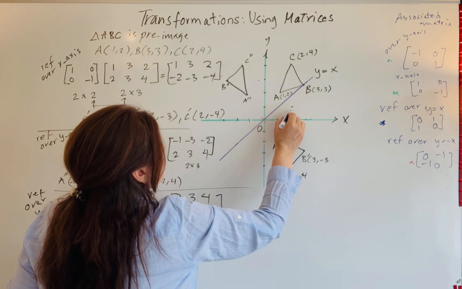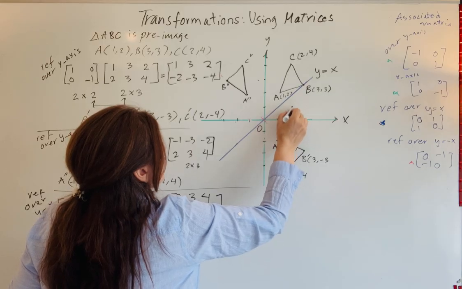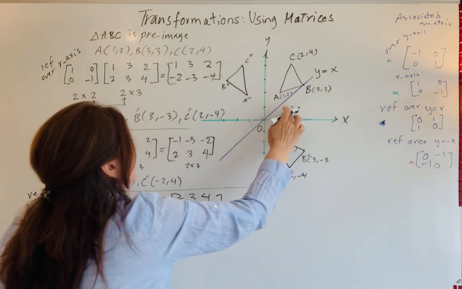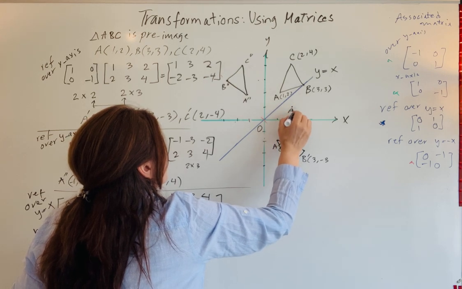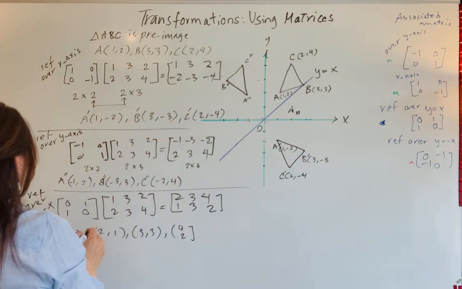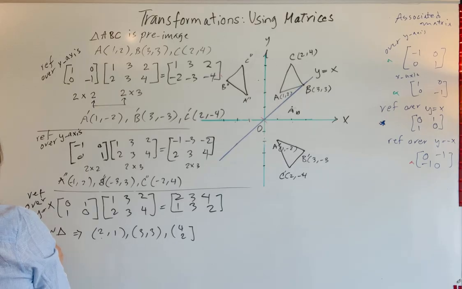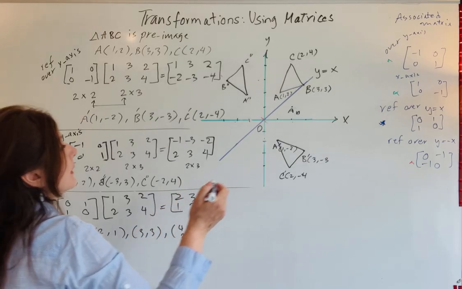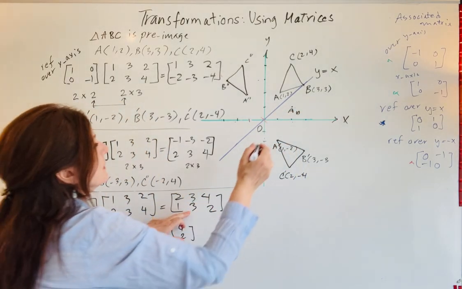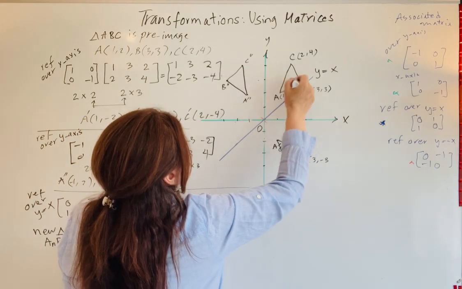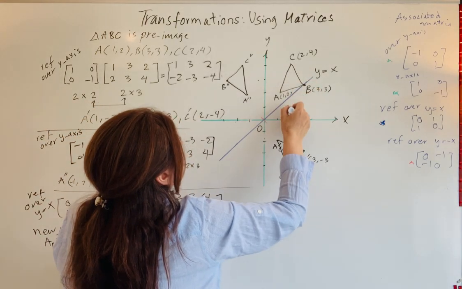This is new. I can call this A new, B new, C new. This one, 3, 3 is the same, here and here.